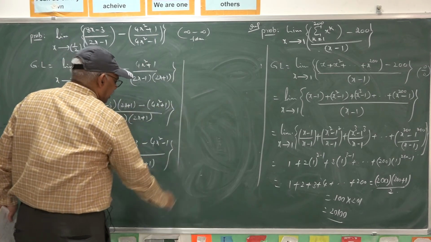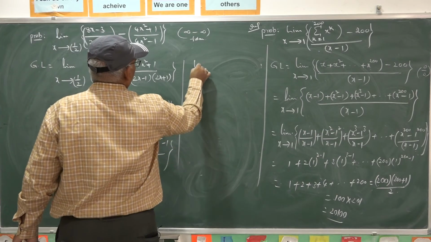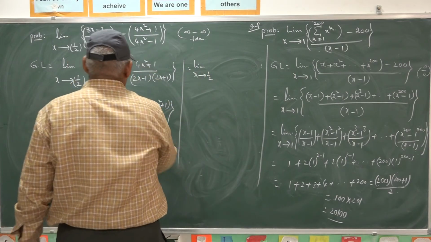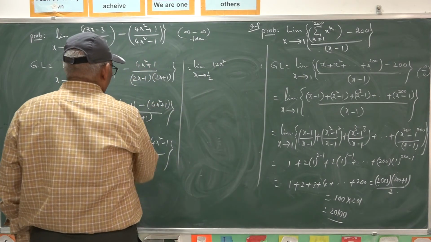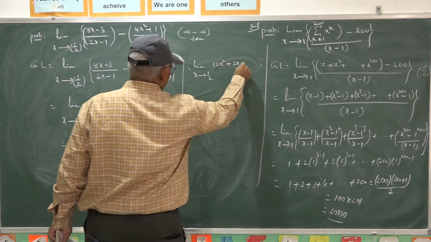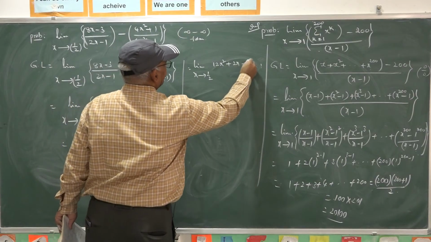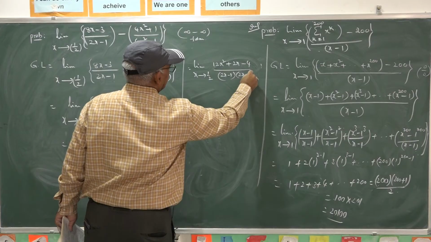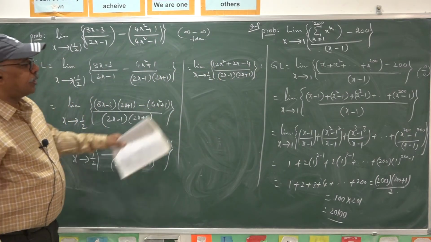Now on simplification, we get limit x goes to 1 by 2, 16x square minus 4x square, 12x square here, 2x plus 2x of course, minus 3 minus 1 gives us minus 4, by (2x minus 1) into (2x plus 1). On simplification, the given limit reduces to the form.